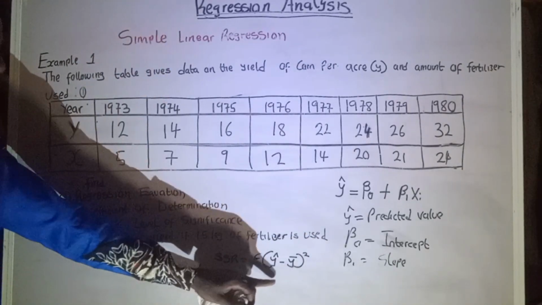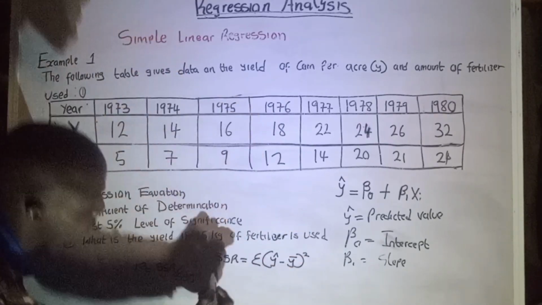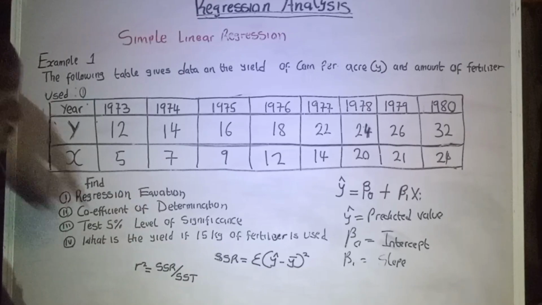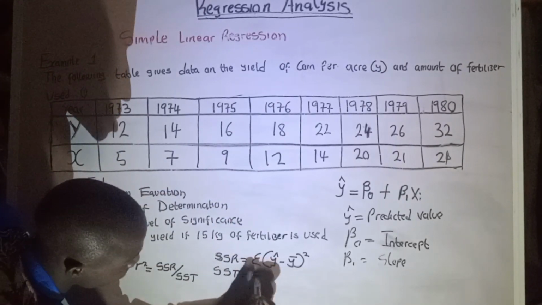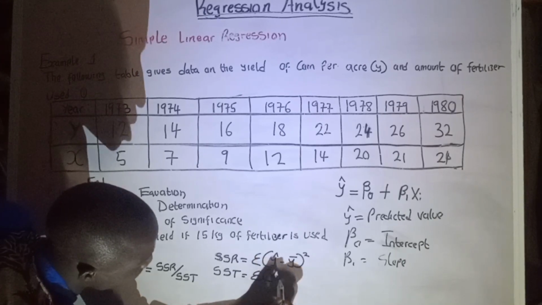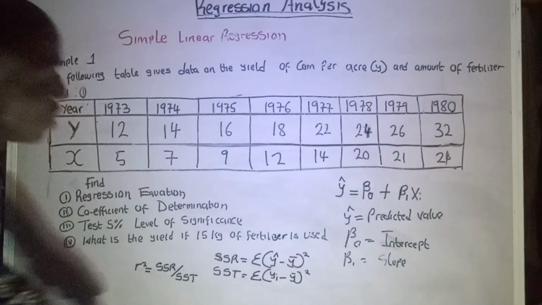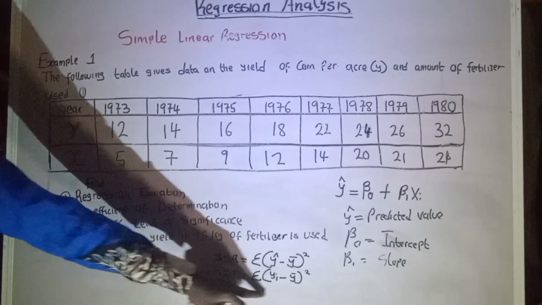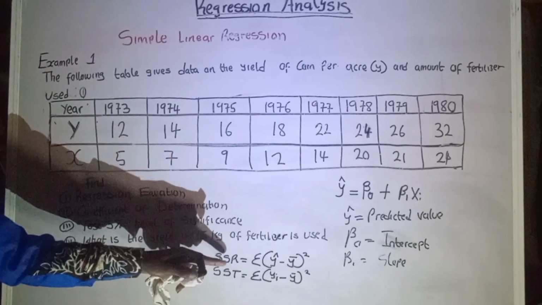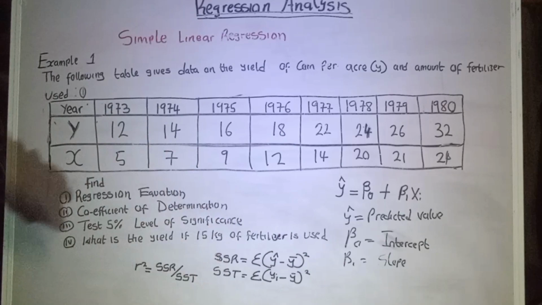For the total sum of square, SST is equal to the summation of the real value of y minus the mean, into bracket all square.